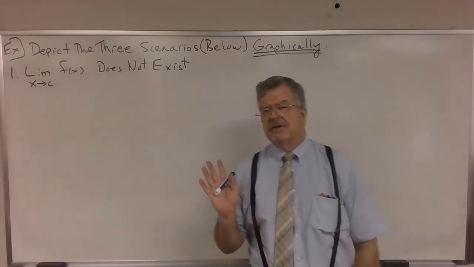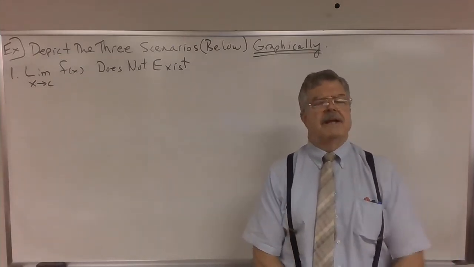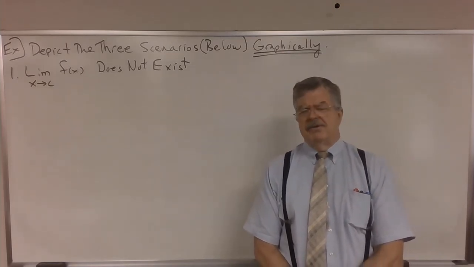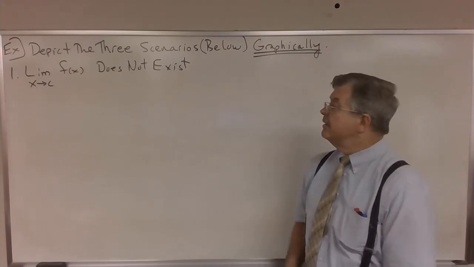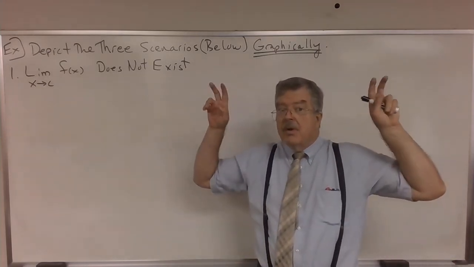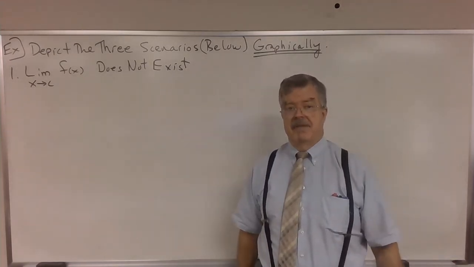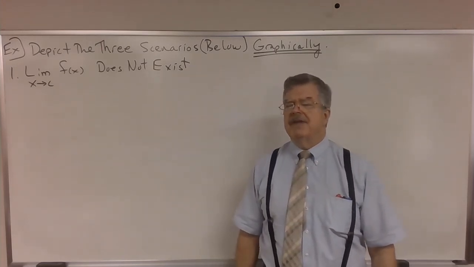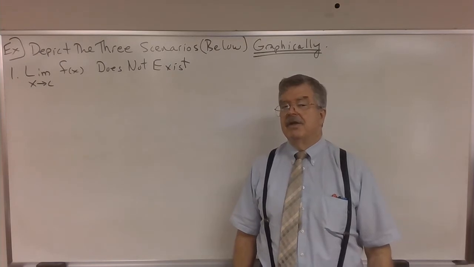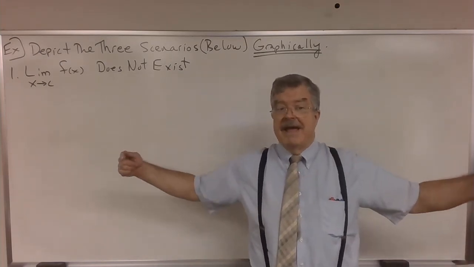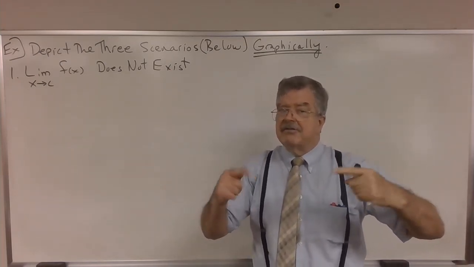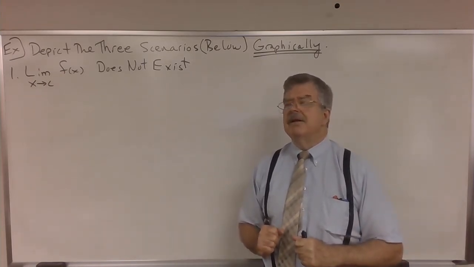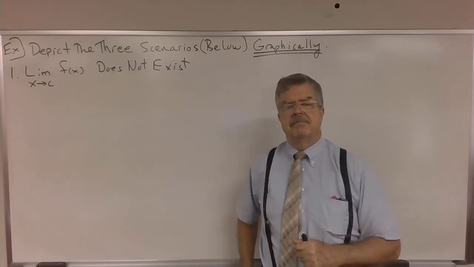Okay, hopefully we took our memory pills this morning. What goes hand in hand with, quote, the limit, end quote, of a function not existing? What goes hand in hand with the limit, that is, with x approaching from either direction? What goes hand in hand with the limit not existing?